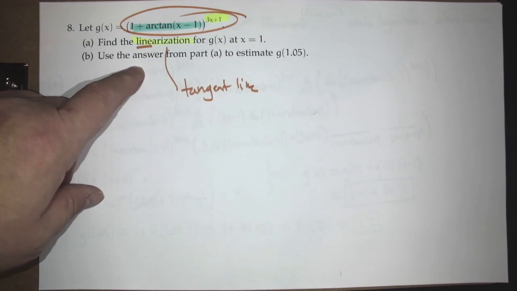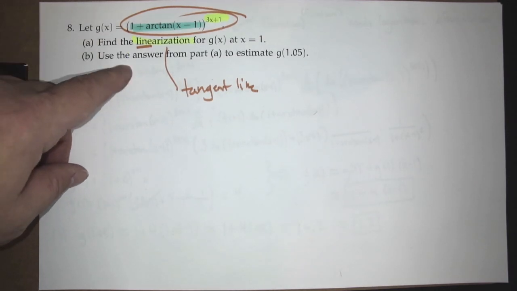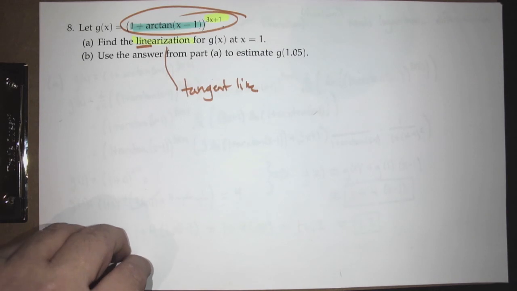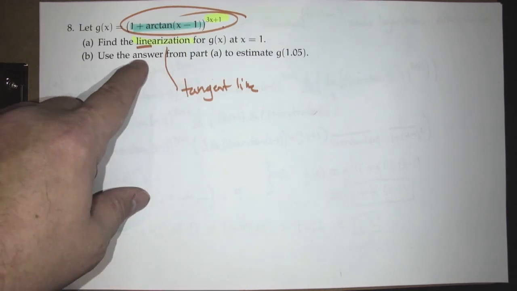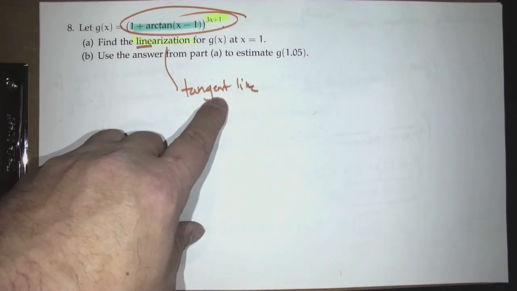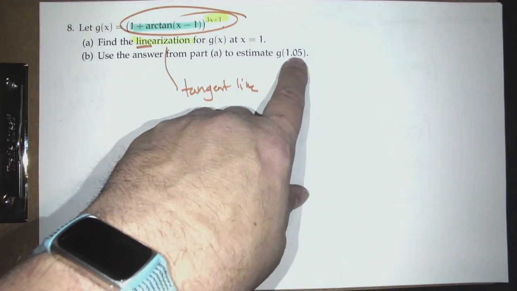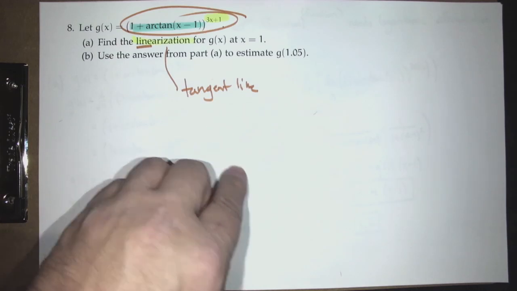After we've done part A, where we found the tangent line, how do we do part B? What's the punchline? The tangent line approximates the function, so plug in 1.05 into the tangent line.